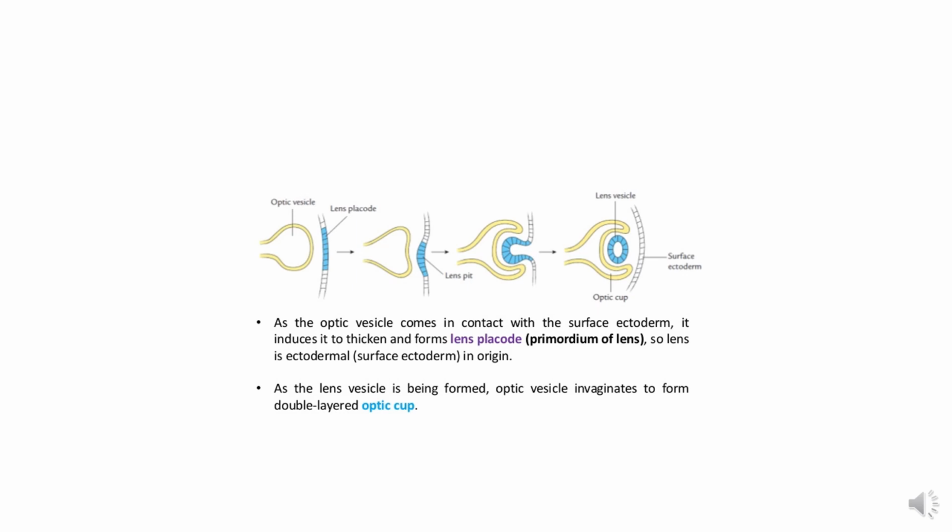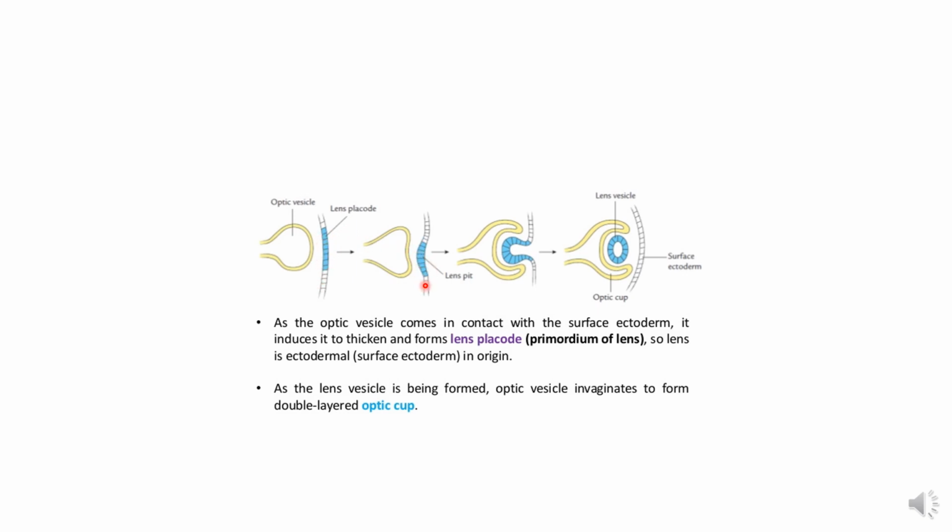The optic vesicle induces changes in the surface ectoderm to form the lens vesicle. Here you can see this is the optic vesicle. When this optic vesicle is formed, it induces changes in the surface ectoderm and thickens it. The cells begin to divide and thicken.